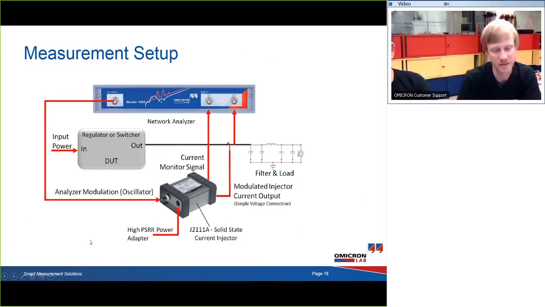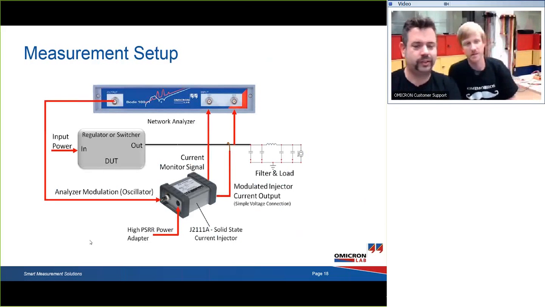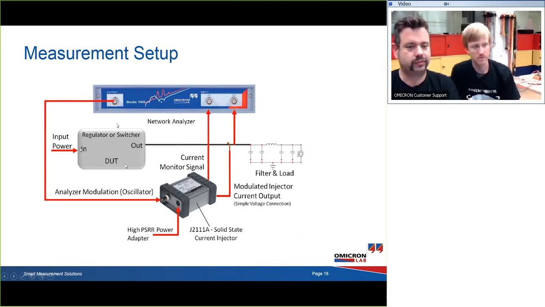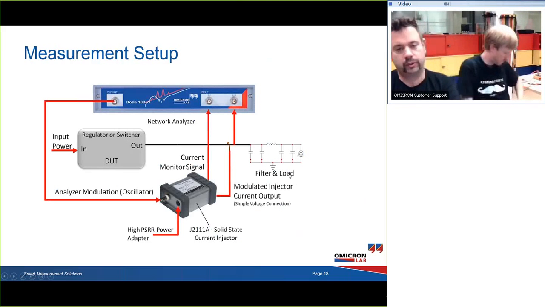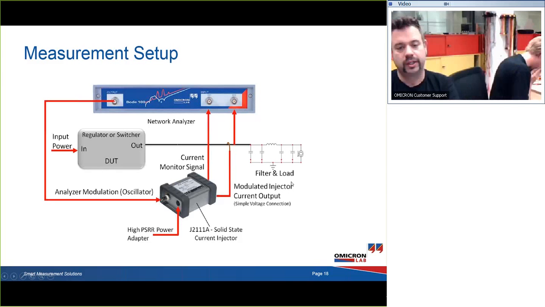It's pretty cool. The measurement setup. Bernhard, do you want to present the setup? Yeah, well, in fact, it's not really difficult because I already mentioned a lot of it. We have our device under test, which is either a linear regulator or a switcher. And at the output, we have our load connected. So the output filter and the load, this is important because we want to measure our device under standard operational conditions.